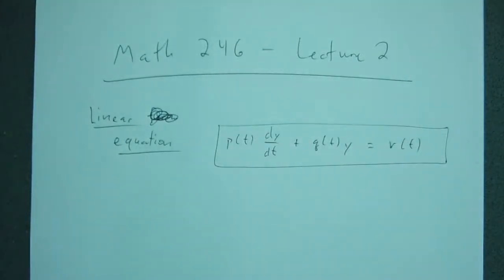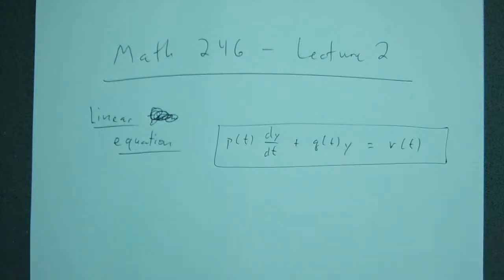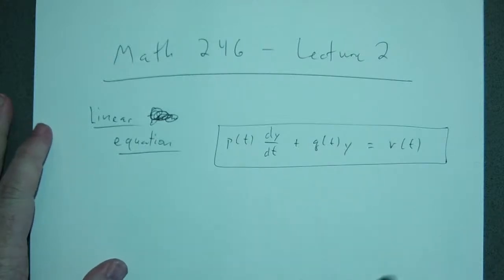Of course, in some of the ways that I wrote this down yesterday, I had everything on the left-hand side, so the right-hand side was 0. But here I have the thing that doesn't depend on y or the derivative of y on the right. This is just a convention, a very useful convention that will be stressed especially in the second third of the course.